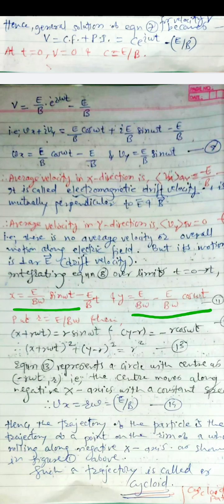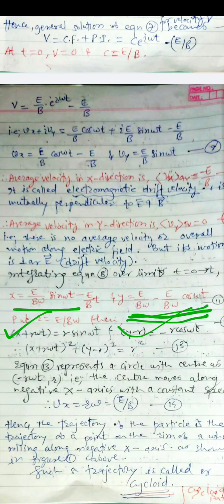But this E upon B omega is replaced by the constant r. Hence, we write the equations x plus r omega t equals r sin omega t and y minus r equals minus r cos omega t.